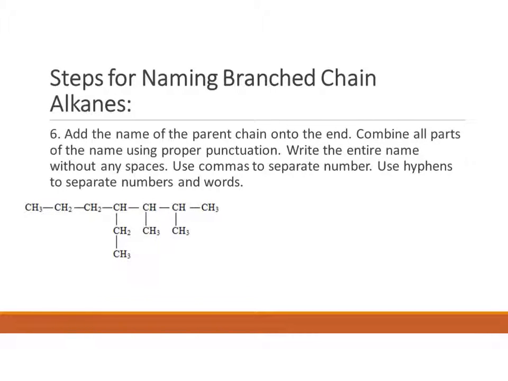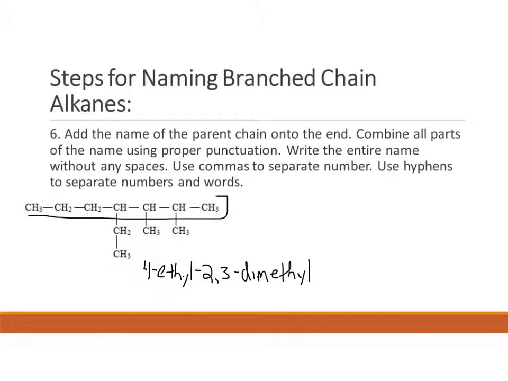So on the last slide, we had 4-ethyl-2,3-dimethyl, and then we add on the name of the parent chain. So remember, this is the parent chain. 1, 2, 3, 4, 5, 6, 7.